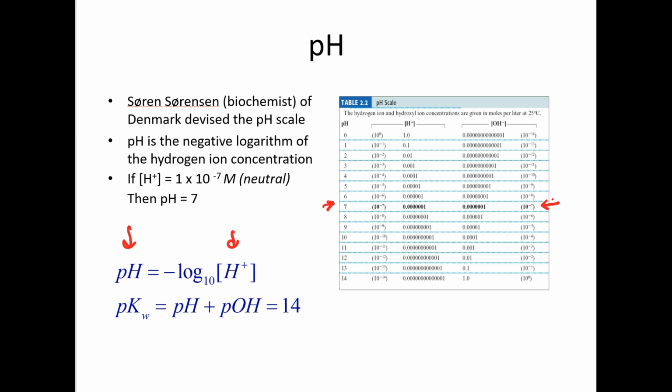For pH 1, which is acidic, because a low pH means increased acidity, you have substantially more protons. And when we are alkaline, we have very, very few protons. So neutral being pH 7 in the middle.